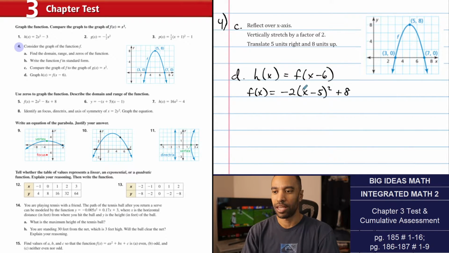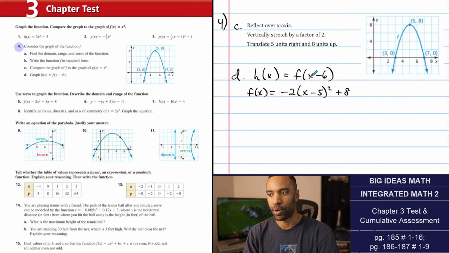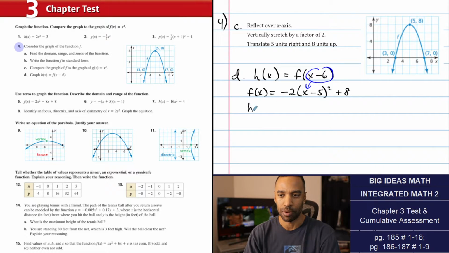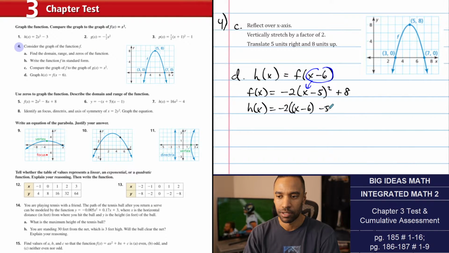There are 2 ways you can look at it. You can think about what the translation is itself, and I'm probably just going to sketch it on here. But also, you're substituting x minus 6 in for x. It's taking x's place, and you have to see how that changes your transformation. So h of x is negative 2 times x minus 6 minus 5 quantity squared plus 8.